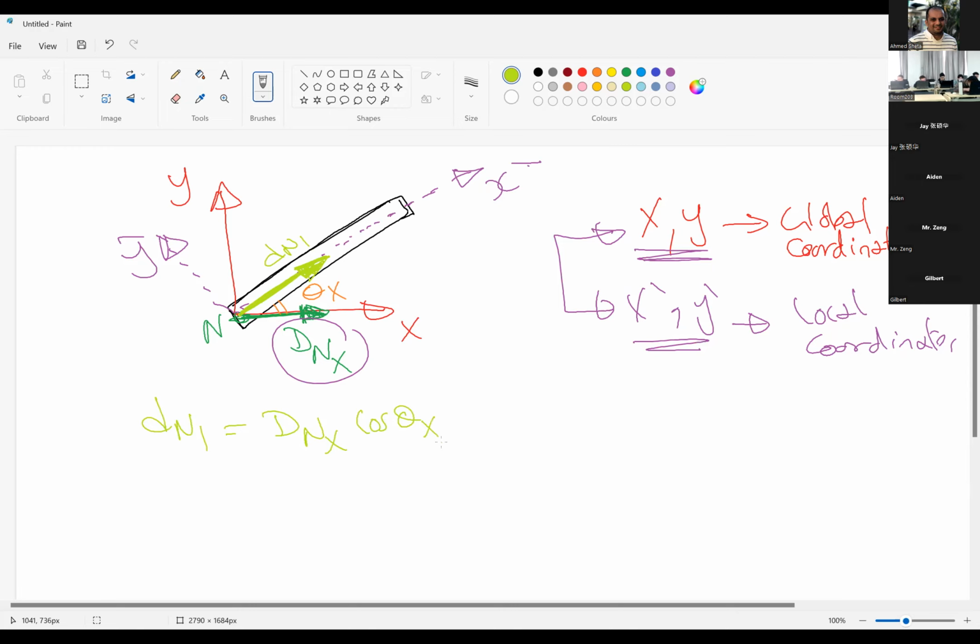Okay, if we do similar thing but in y direction, in same graph. So if I add a displacement here and we call it dny. So if we want to find the component in member direction, I will give it the pink color. Okay, we know that this theta is theta y. So how can we find the pink component? The pink component, I will call it dn2.